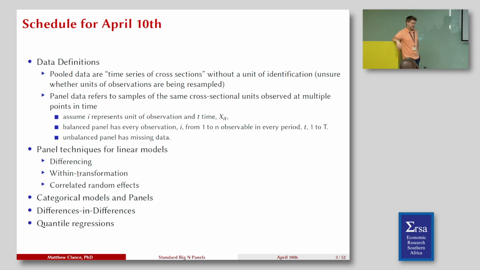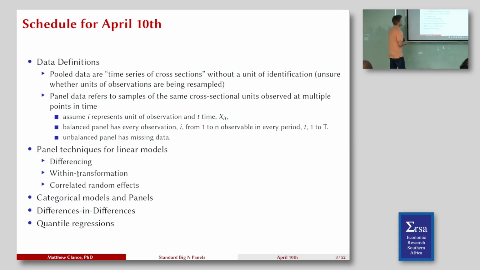So we might be taking regional samples, but we don't know if it's the same individual within each of those samples. So we do have some identification on the region maybe, or something above what the unit of analysis is. But specifically, the people could be varying, or they could not, because we're not keeping track of them. So we're just unsure whether those units of observation are being resampled.